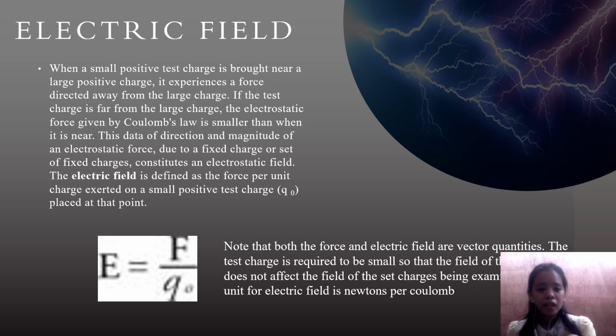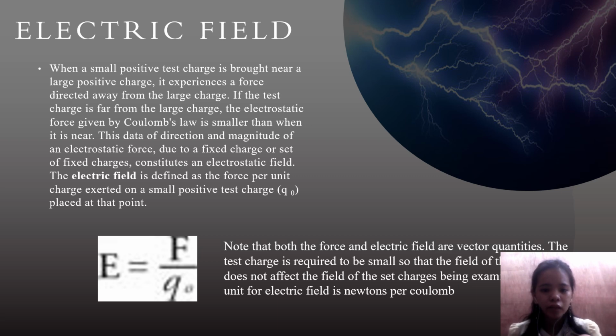So next is electric field. When a small positive charge is brought near a large positive charge, it experiences a force directed away from the large charge. If the test charge is far from the large charge, the electrostatic force given by Coulomb's law is smaller than when it is near.